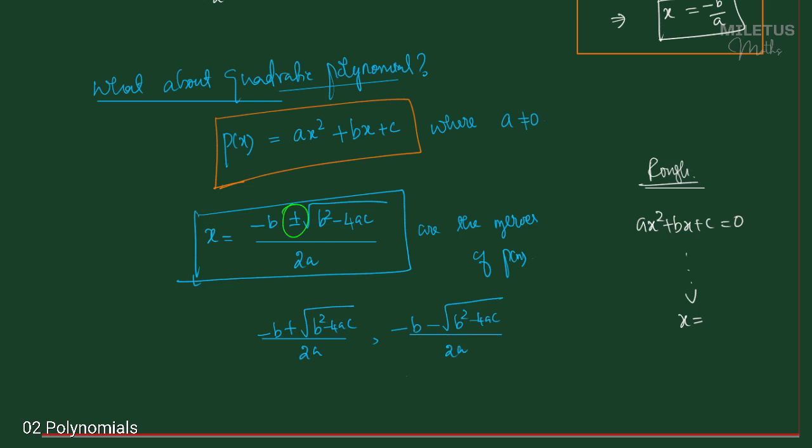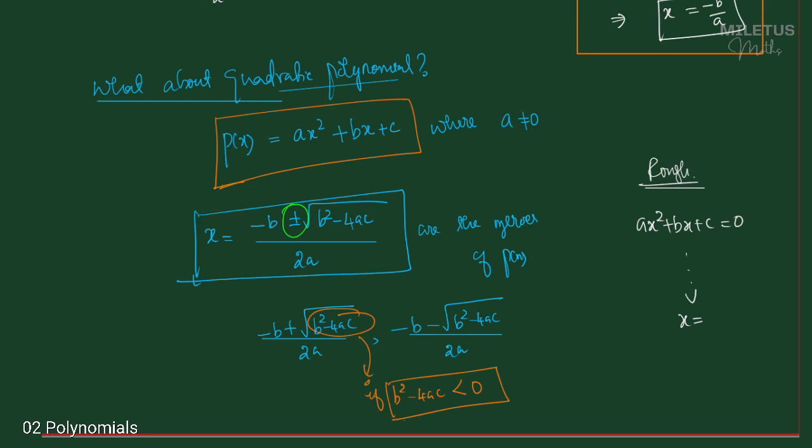Okay, fine. So here you also have to think about one more thing: what if the value in the square root becomes negative? If b square minus 4ac becomes negative, which is less than 0, what will happen to the square root? We don't know, right? Because we haven't learned anything about the square root of a negative number. So far, whatever we have learned is the square root of a positive number only.